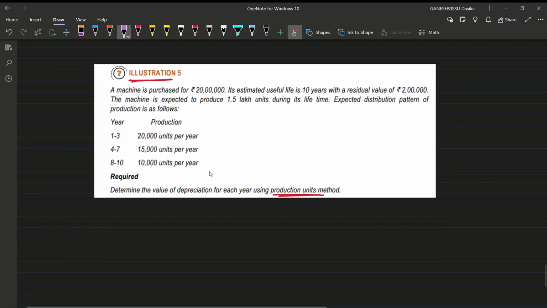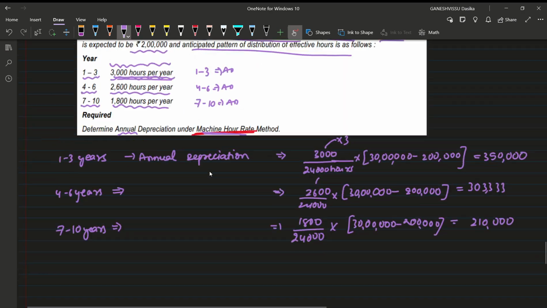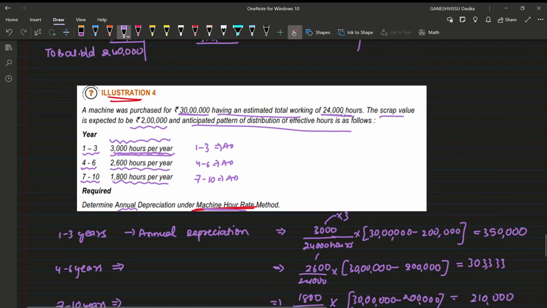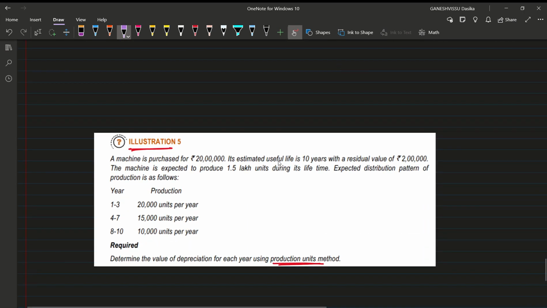For the next one also the same thing will be there, but in the previous question they gave us the total number of working hours. For the machine hour method, hours are more important. For the production units method, units are more important. 20 lakhs is the total cost of the machine, with residual value 2 lakhs, estimated life 10 years.